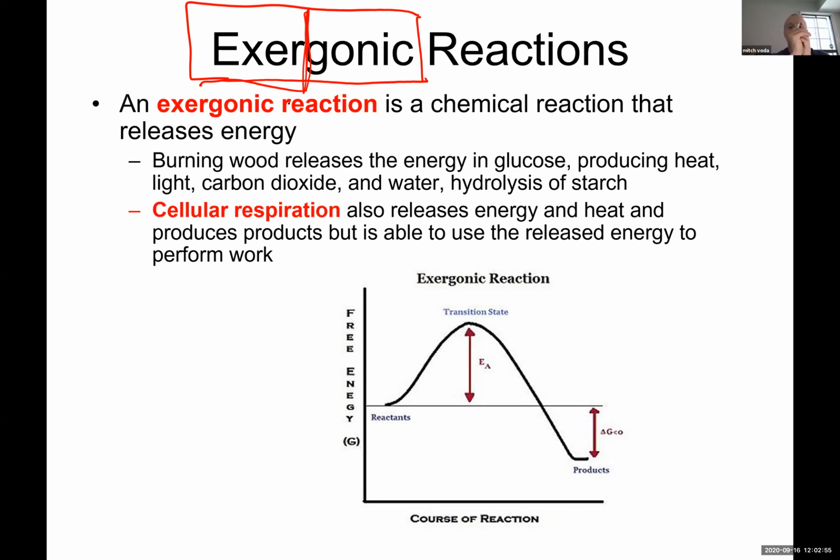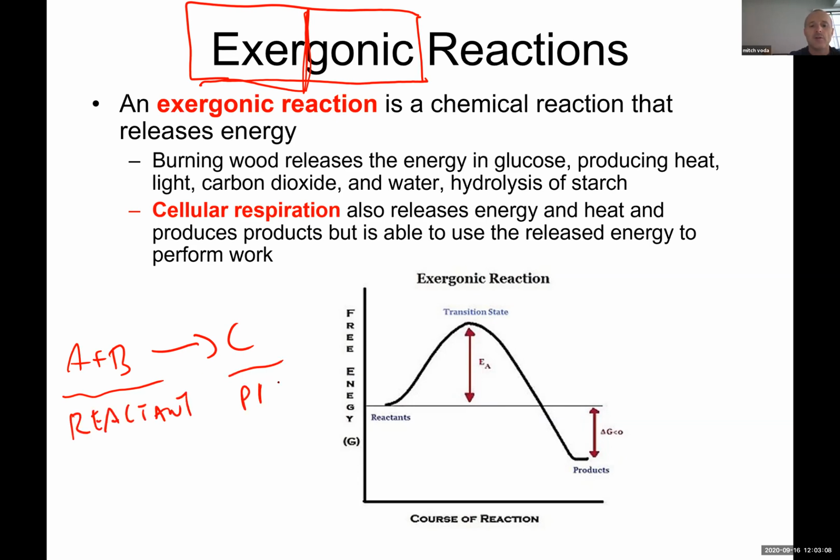Now, we're going to learn today what goes into a reaction. If you have a chemical reaction, for example, A plus B gives you C, what goes in is called the reactants. What comes out is called the products. So while these two react for an exergonic reaction, products have less energy, not higher energy.